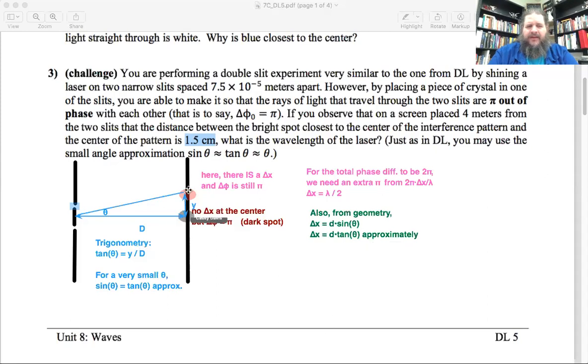And tangent of theta is y over D. So delta x is d times y over big D, little d being the distance between slits, big D being the distance to the wall. And I think we know a lot of these. In order to get the first spot of constructive interference here, we need delta x to be lambda over 2. So we can fill that in.